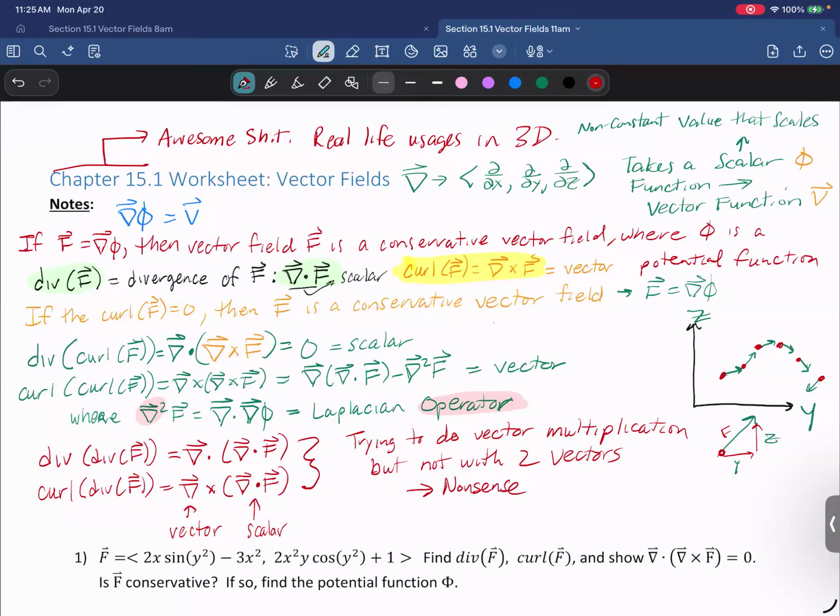This is no. It's absolutely meaningless. You can't do it. If you want to try to combine it that way, you can't. There's no math operation for it. But the divergence where you have the curl on the inside, you can do stuff with the curl because it is a vector.